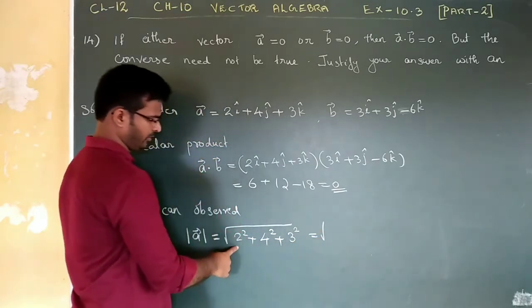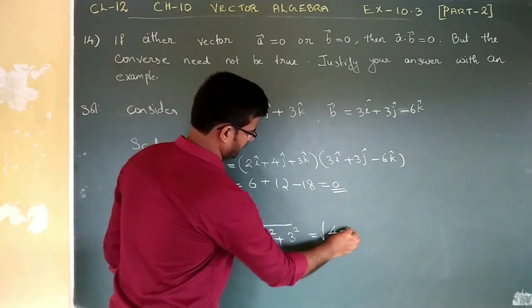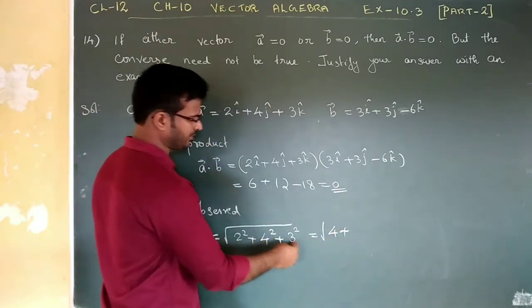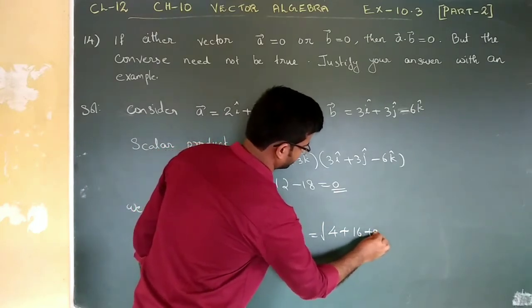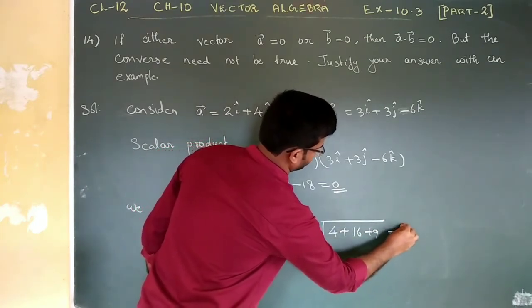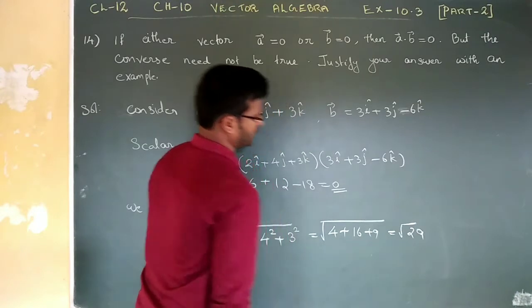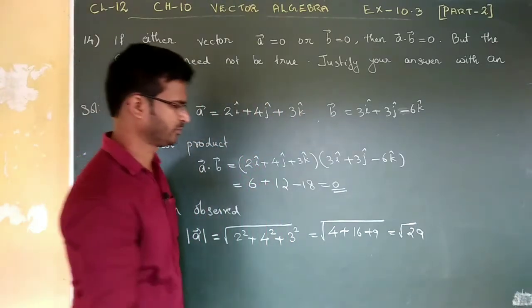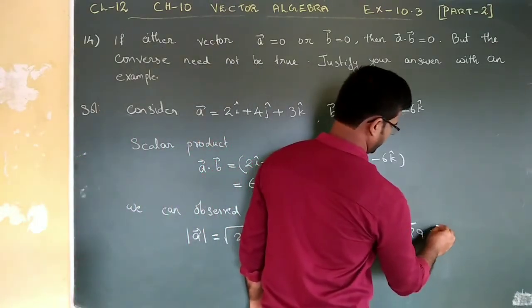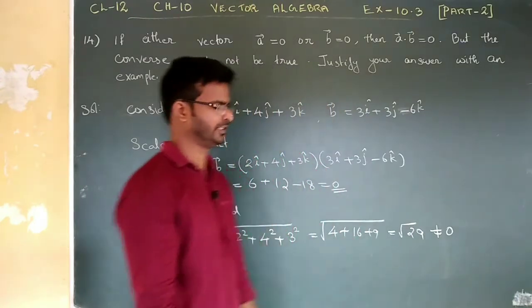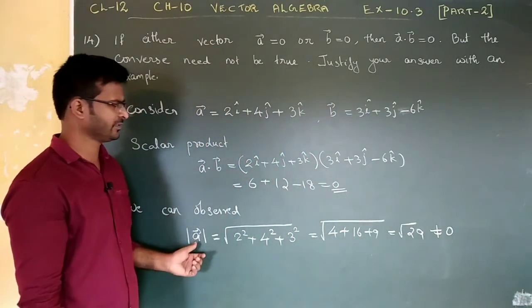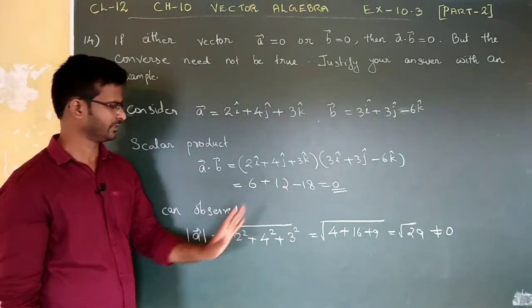Square root of 4 plus 16 plus 9, we got square root of 29. Square root of 29 is not equal to 0, so A is not a zero vector.